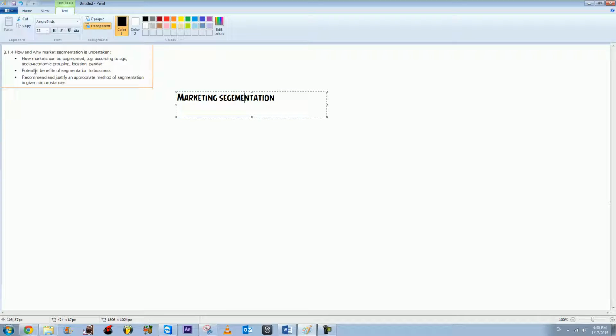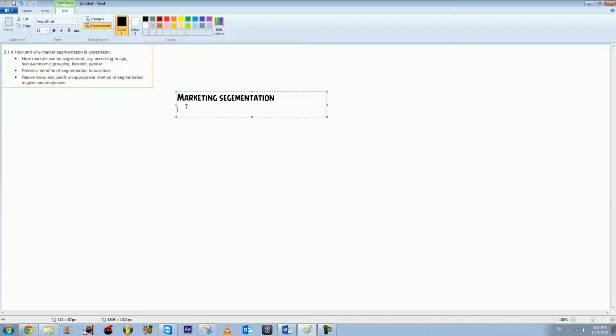If you state the advantages of segmentation, that might get you a B or C grade. And if you can recommend and justify, and this is like a six marker, why it's the appropriate method of segmentation and why over the others, that would get you an A or A star grade.